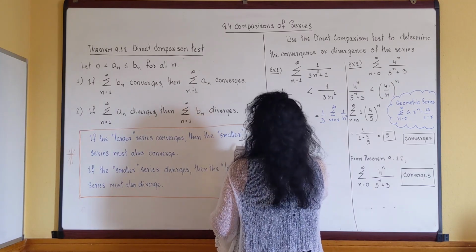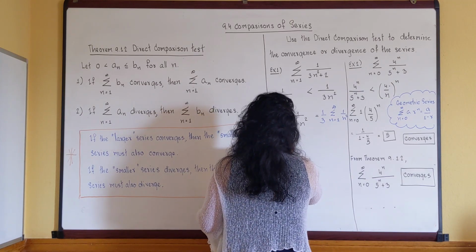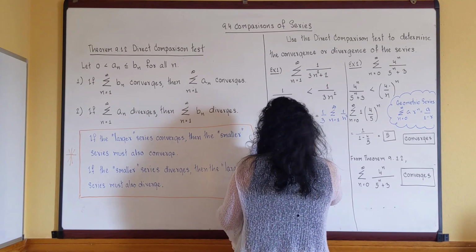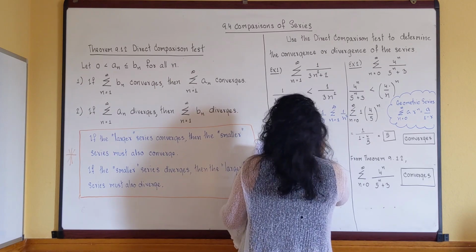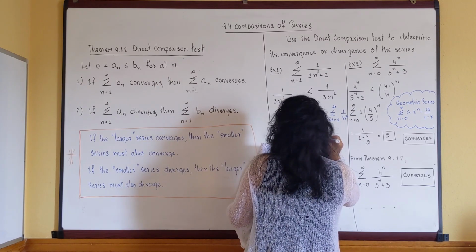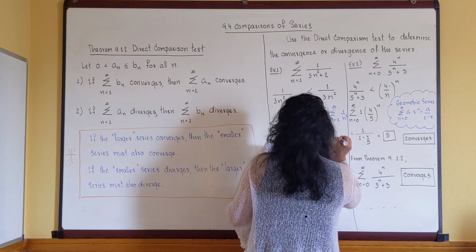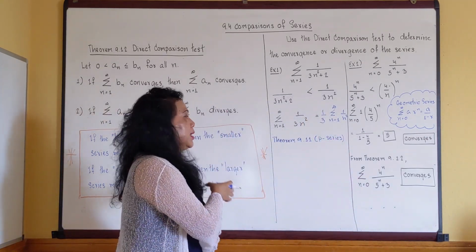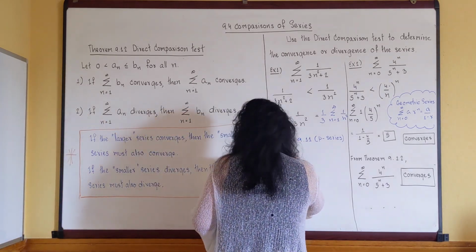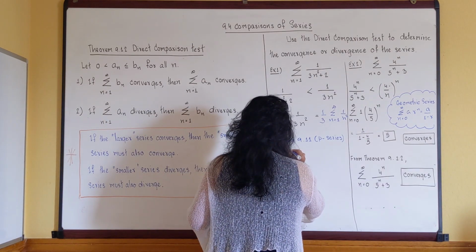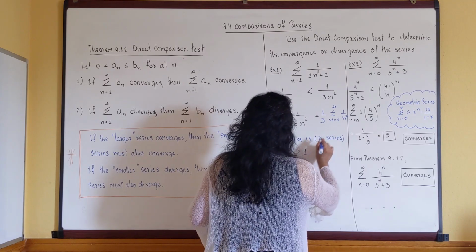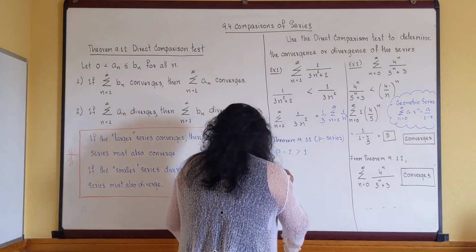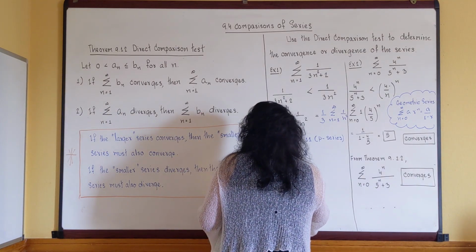This is from theorem 9.11, the p-series. If you don't remember, go back to the previous section on p-series. So my p is equal to 2, which is greater than 1. This implies that this converges.